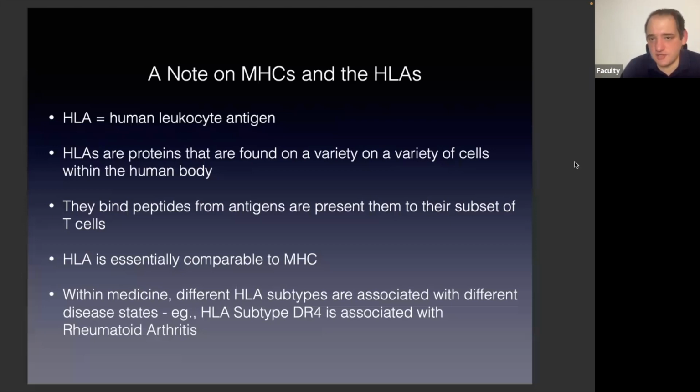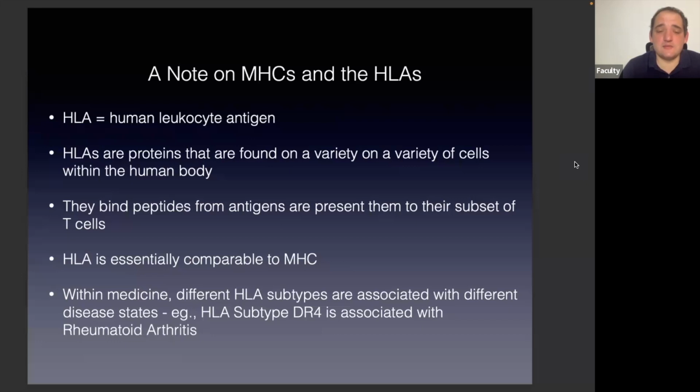There's a lot of destruction going on there by different immunological players, such as neutrophils, even macrophages. It happens over time. But what we're saying here is that part of what causes rheumatoid arthritis to occur is this mutation or problem with HLA subtype DR4 specifically.